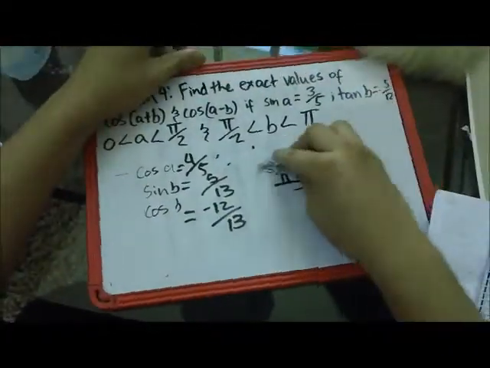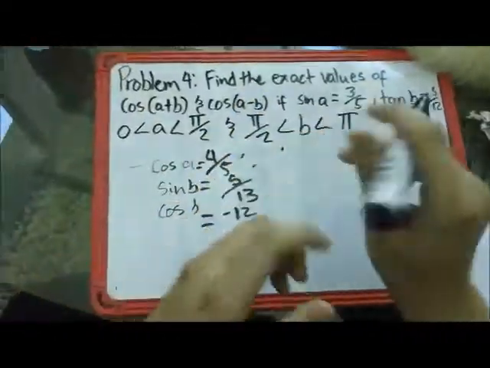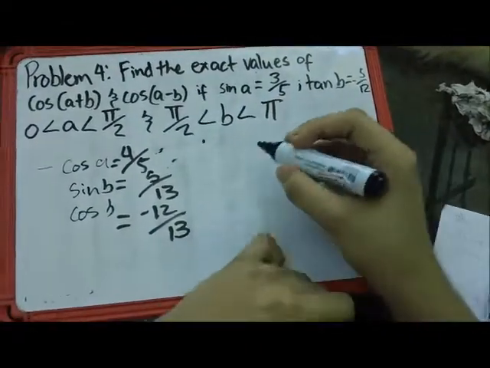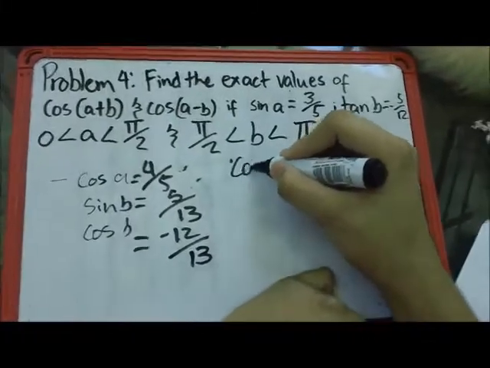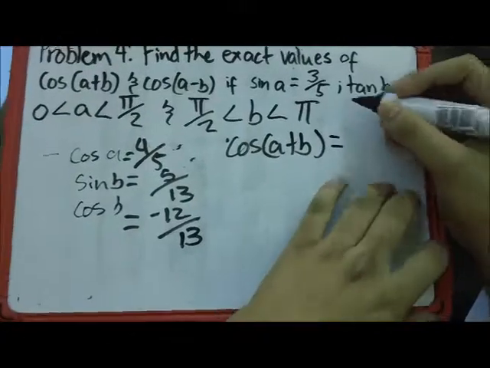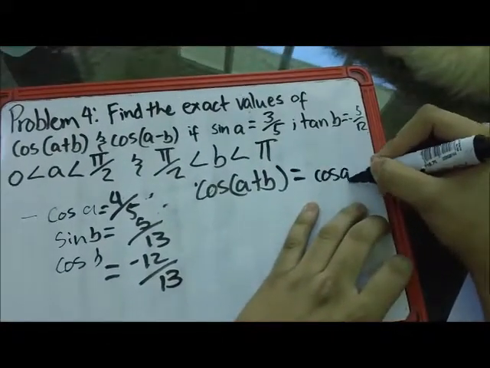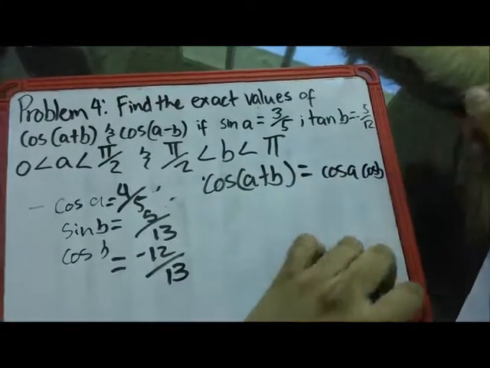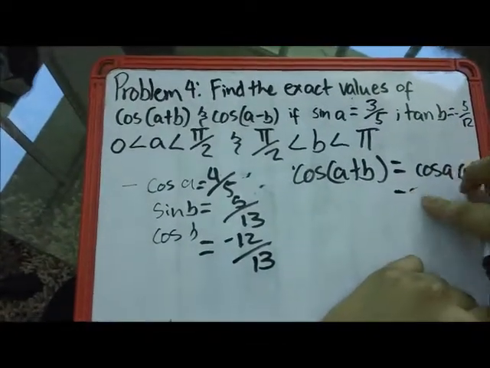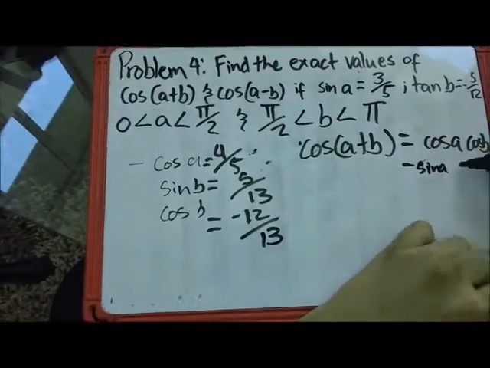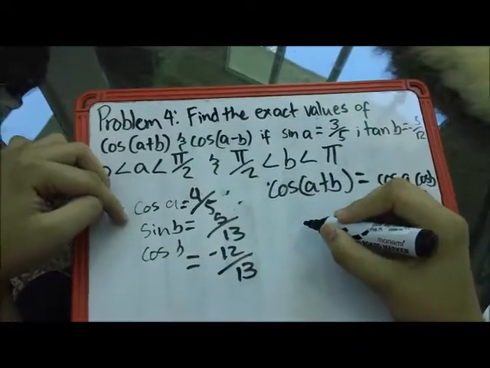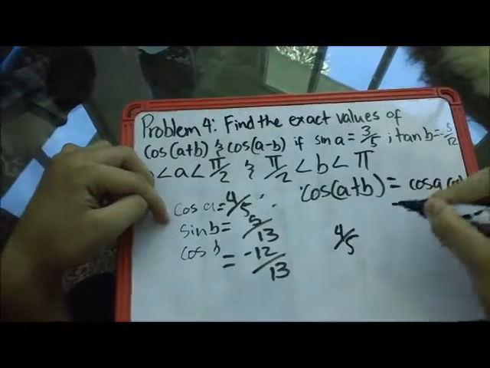So then, after that, let's use the identities. To find cosine A plus B, we have a formula. It's cosine A cosine B minus sine A sine B. So we substitute it.